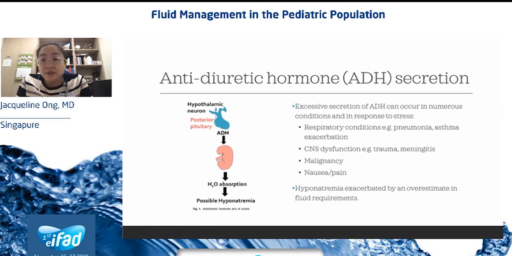The caveat is, of course, that whether or not the fluid you're using is isotonic, there are some concerns, especially in some centers, that giving isotonic fluid in the form of normal saline is not without its own risks, as we'll come back to.